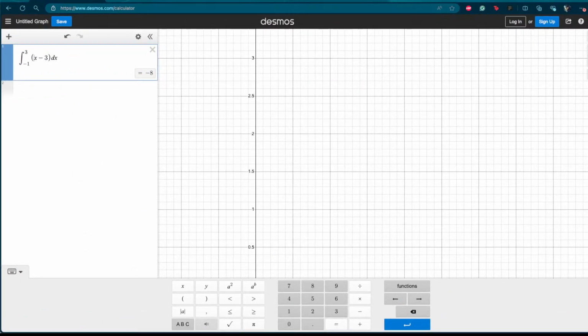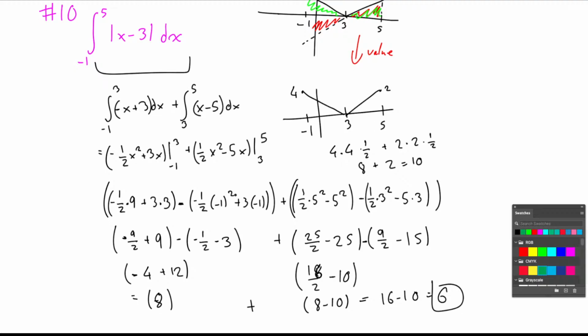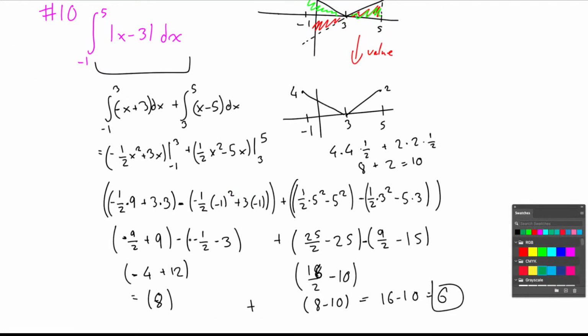So negative x plus 3. Okay. Then integral from 3 to 5 of x minus 3 dx. 2. Oh my god.